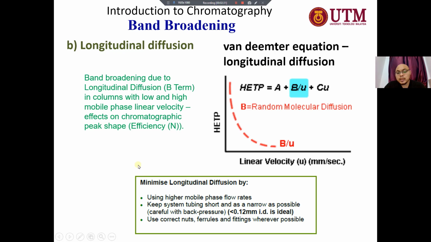So as suggested here, use a higher mobile phase flow rate, and keep system tubing short and as narrow as possible. Tubing is the tube required to transfer the mobile phase until it reaches the column and also the detector.